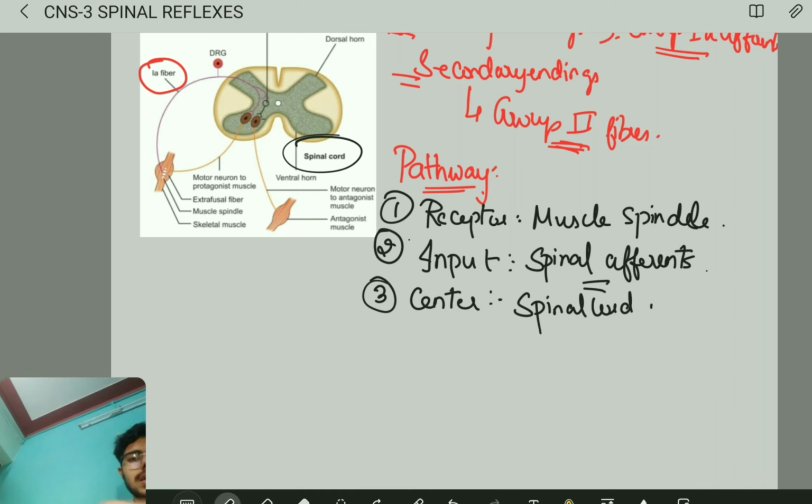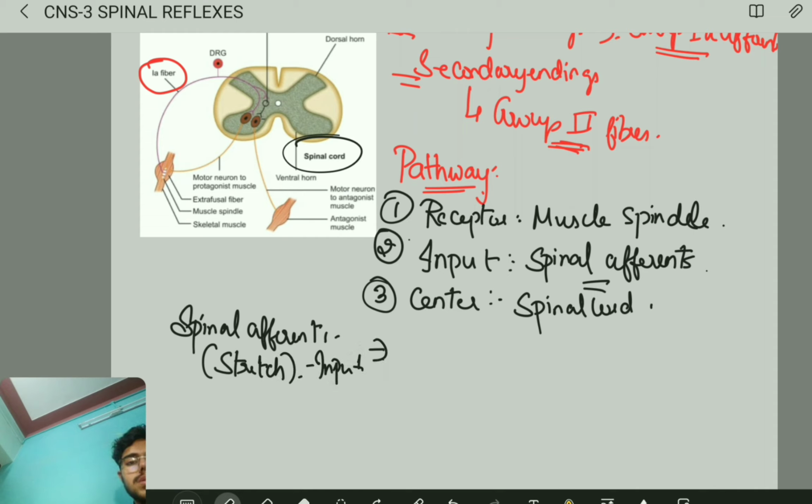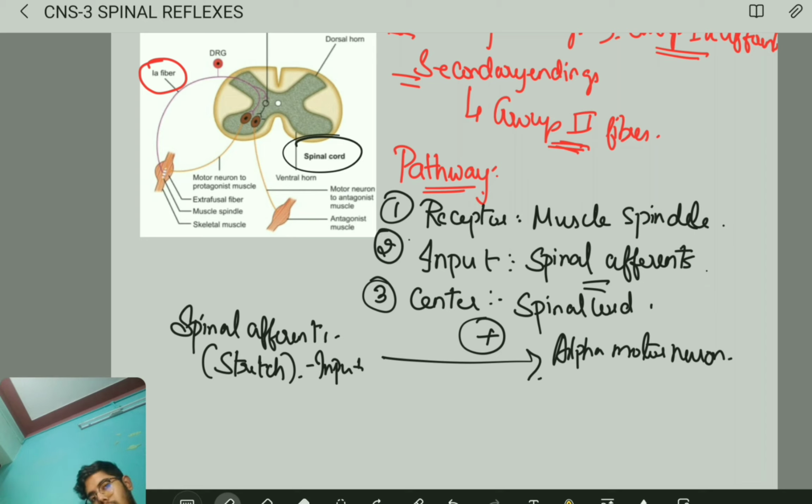What really happens? The spinal afferents, when they cause stretch, that is the input, cause stimulation of the alpha motor neuron.